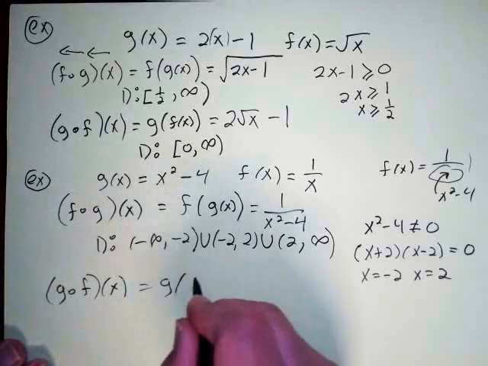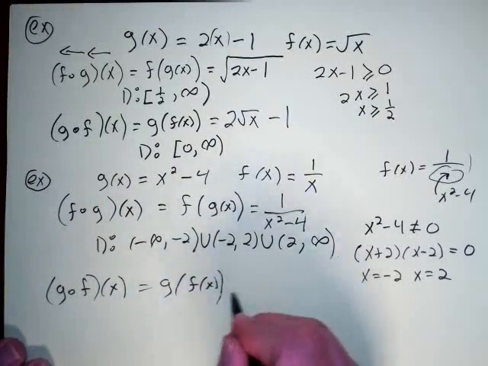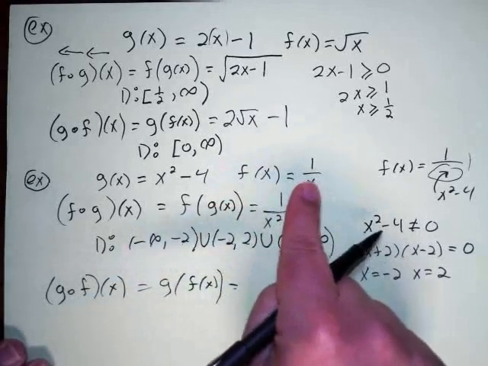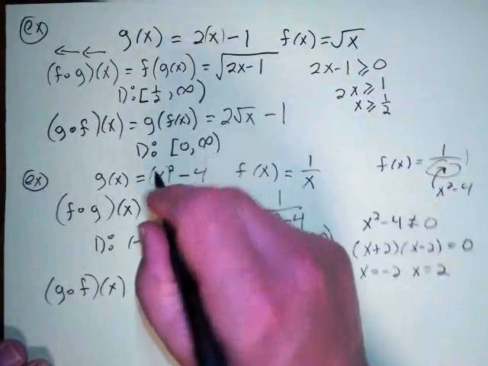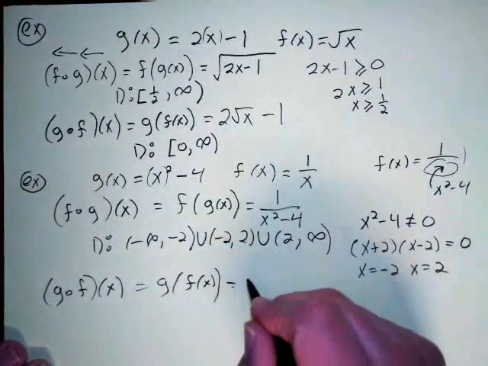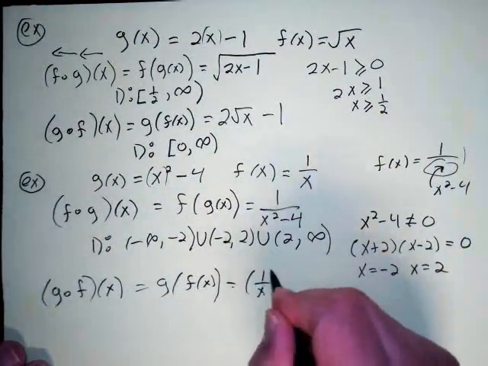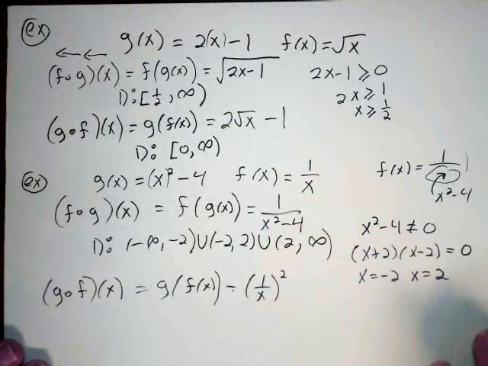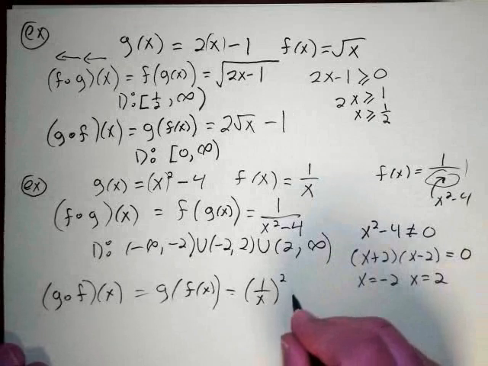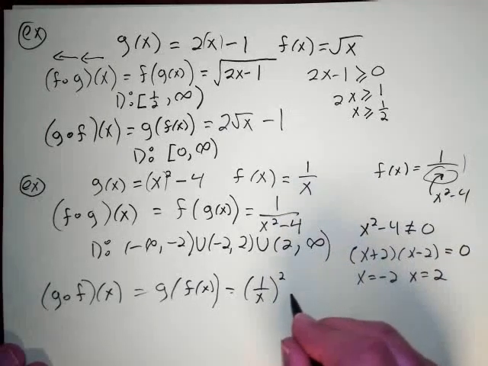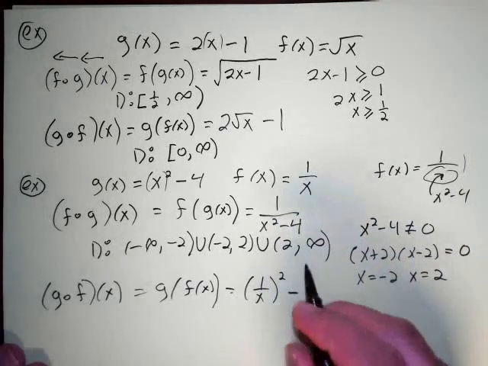This would be like g of f of x, right? So now I'm putting f of x into here, right? So in for this, I'm like taking out the x and putting that in. So I'd get like 1 over x quantity squared, okay, minus 4.